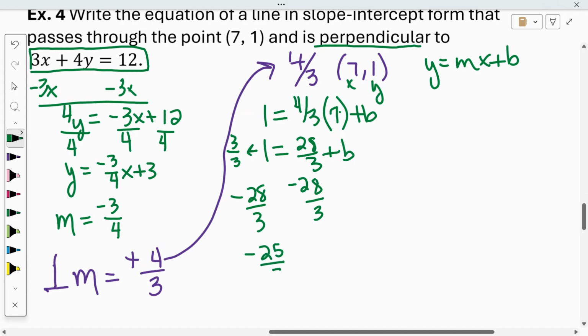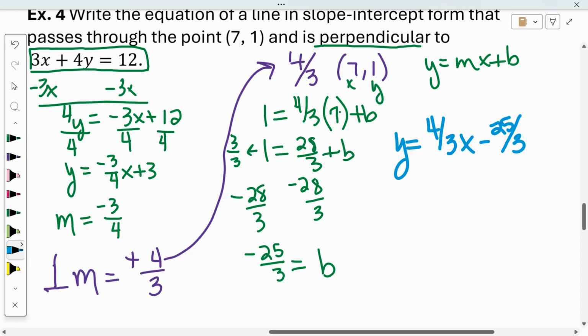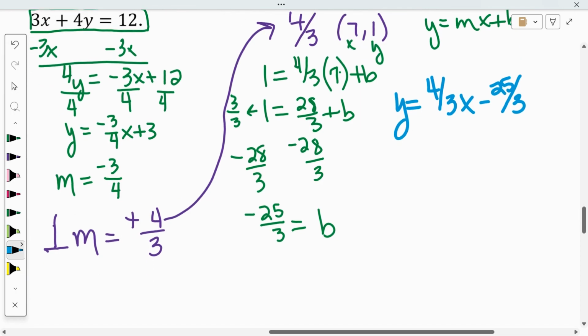So negative 25/3 equals b. So our equation, y equals our slope, which is 4/3 x minus 25/3. So that's it. That's what you're doing.